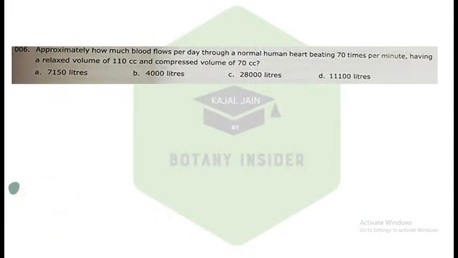Question is saying: approximately how much blood flows per day through a normal human heart that is beating 70 times per minute, having the relaxed volume of 110 cc and the compressed volume of 70 cc? Okay, get the answer for this.